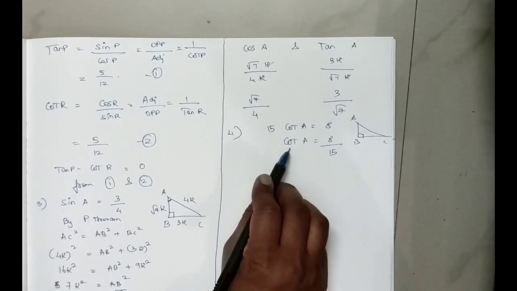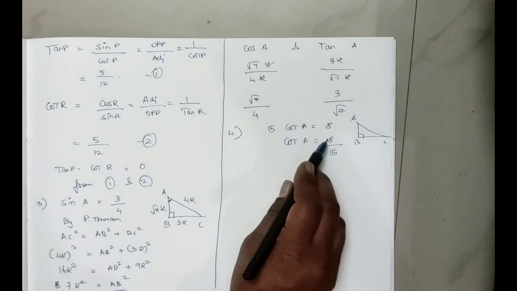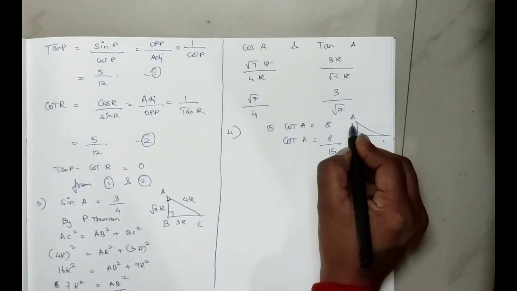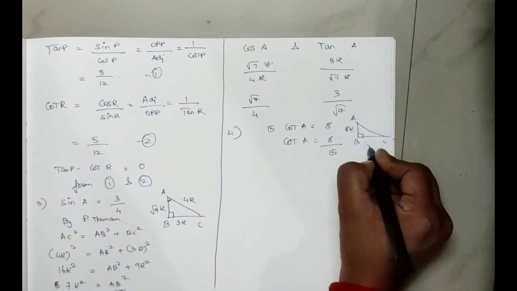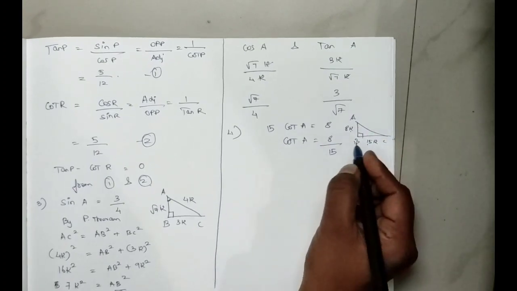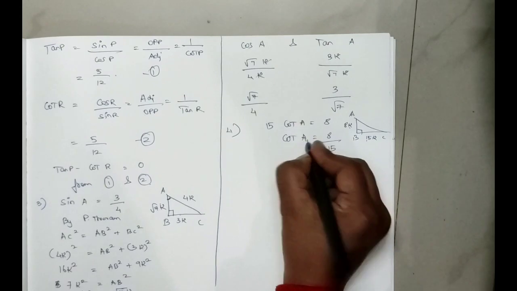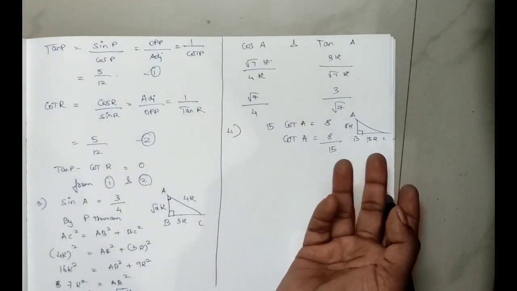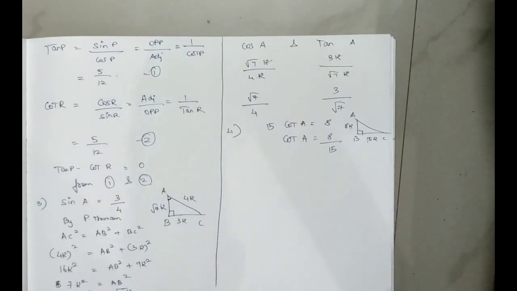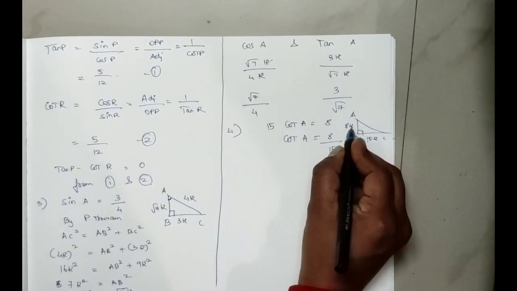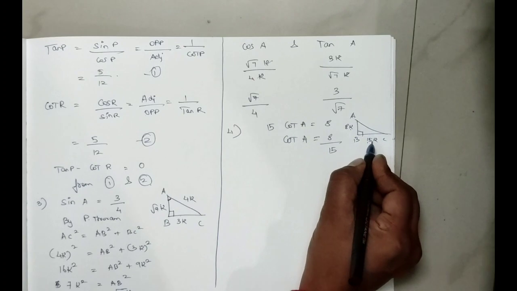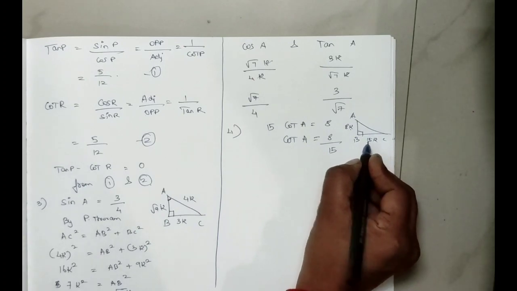Cot is the reverse of tan. So it is adjacent by opposite. So adjacent is this and opposite is this. So we will assume this as 8k, and this as 15k, where k is any constant integer. Now you need not keep it as k, you can keep it as x, a, b, whatever as you wish. For any integer it is going to be 8, and for this any integer it is going to be 15.